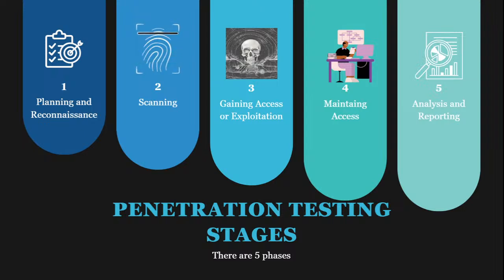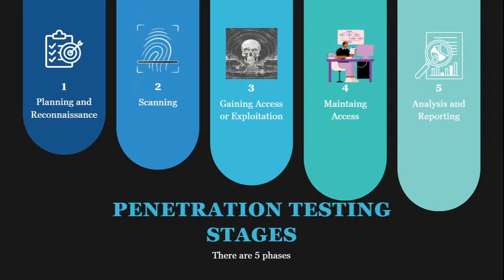Let's have a glimpse of those before going to the penetration testing stages, and try to correlate both. The five phases of ethical hacking are: first, reconnaissance, that is the information gathering phase. Second, scanning. Third, gaining access. Fourth, maintaining access. And lastly, clearing tracks, or you can say footprinting.